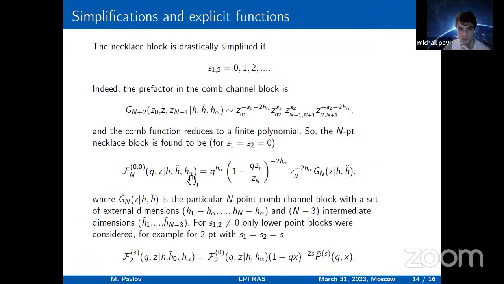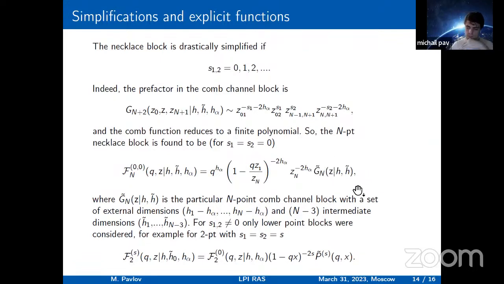And in this case, we also use a new notation with S1 and S2 in the superscript. So for the case S1 and S2 equal to 0, we obtain this form of the necklace block. So we have some function of Q, the first insertion point and the last insertion point, and here we have an endpoint block.